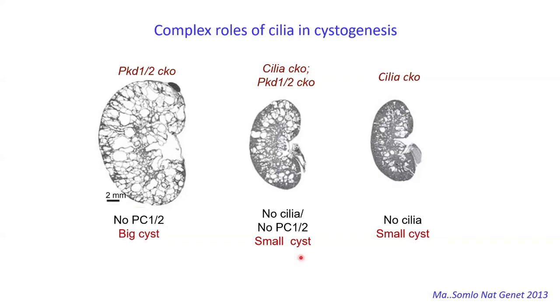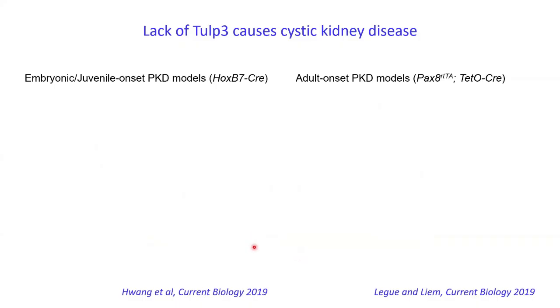What are the ciliary regulators of cystogenesis? These are published from our lab and Carol Liem's lab at Yale: the TRP-like protein TRP3, using a conditional knockout TRP3 mouse. Our lab used HOXB7-Cre to see embryonic onset, and Carol's lab used the doxycycline-inducible PAX8-rtTA TetO-Cre to see adult onset.